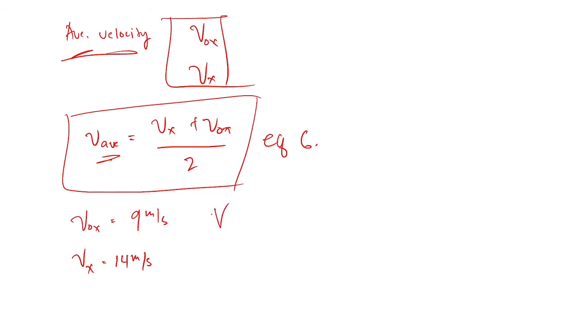So we have here our average velocity will be equal to Vx, which is 14 meters per second, plus 9 meters per second. By the way, class, pwedeng magkabaliktad yan since our operation is addition. So we have here 14 plus 9, divided by 2 pala. We have there 14 plus 9 is 23 meters per second over 2. So we have there 11.5 meters per second.